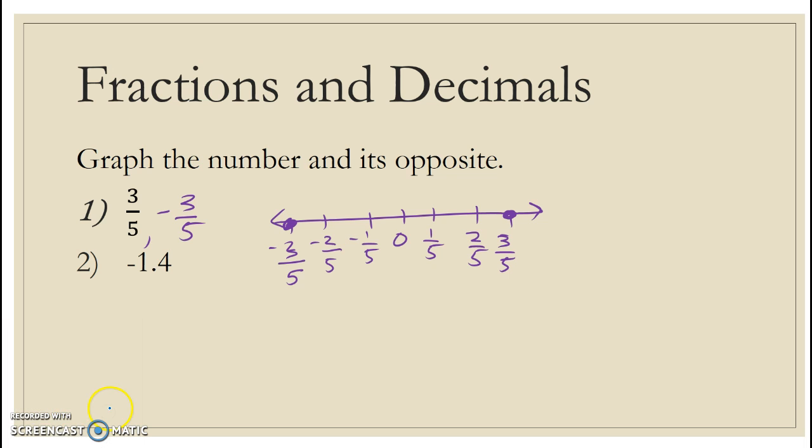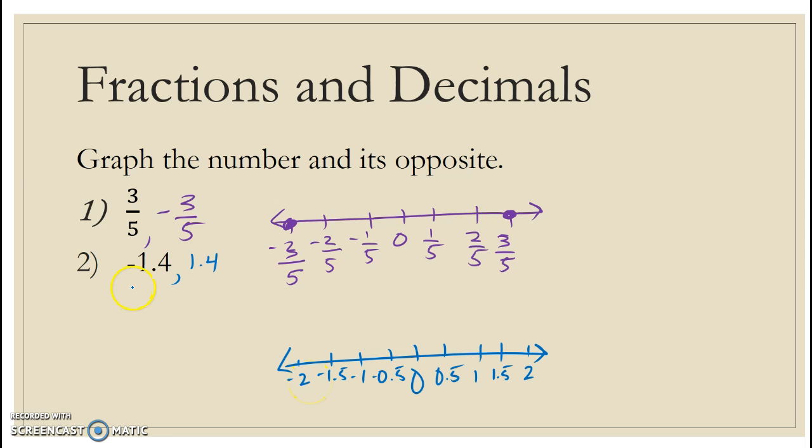With this one, I'm actually going to make a number line where these numbers are not labeled. So negative 1.4 and 1.4. Let's just go by 1/2. So I'll do 0.5, 1, 1.5, and 2, and then go backwards the same way, except they're negatives, to negative 2.